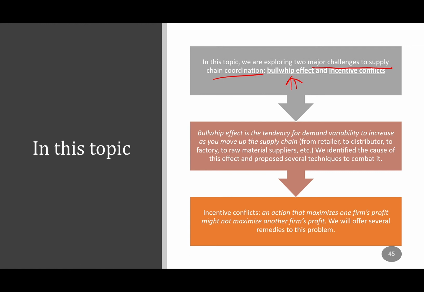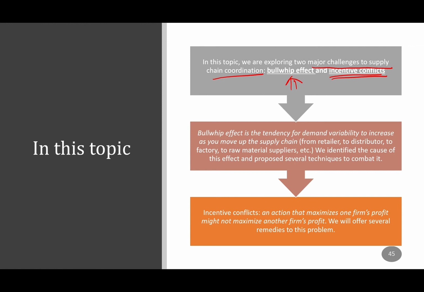It is suboptimal, because now sometimes we might end up with excess inventory, some other times we might not have enough. There'll be stockouts. So that was one of the challenges of supply chain coordination. Then the other one is incentive conflicts. Okay, so that's the second topic that we're talking about.